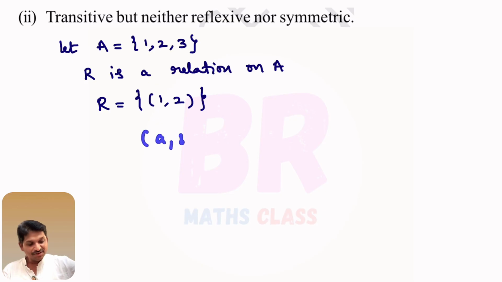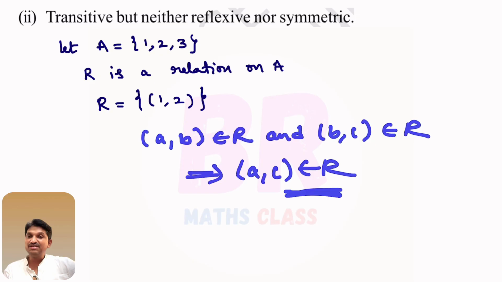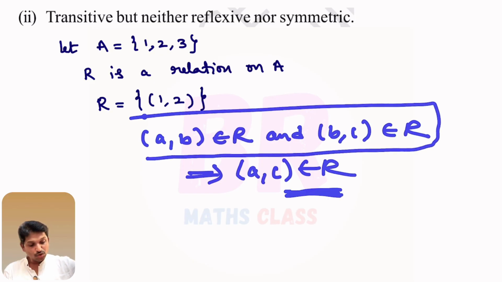What is the transitive definition? If (a, b) belongs to R and (b, c) belongs to R, then we look that (a, c) belongs to R. If such things happen, then we say that the relation is transitive. One more thing: whenever you cannot find such a pair of ordered pairs, when you cannot find (a, b), (b, c) in the relation, there is no need to look for (a, c).